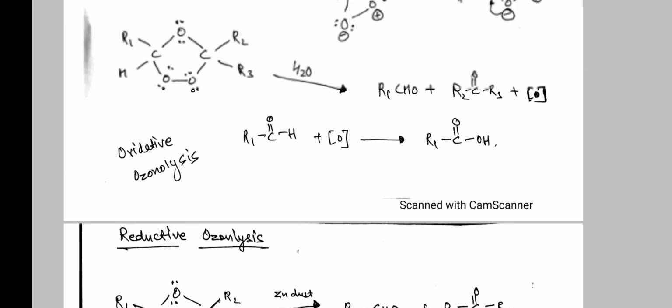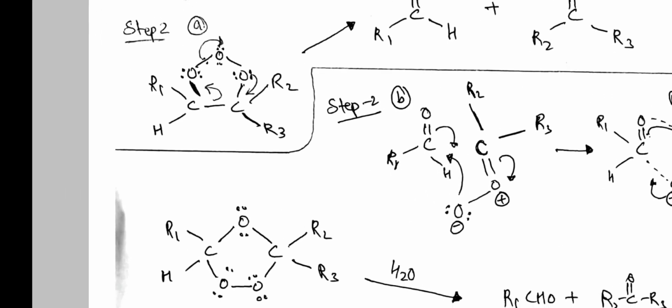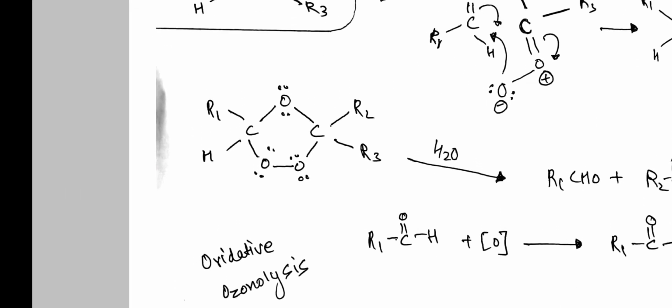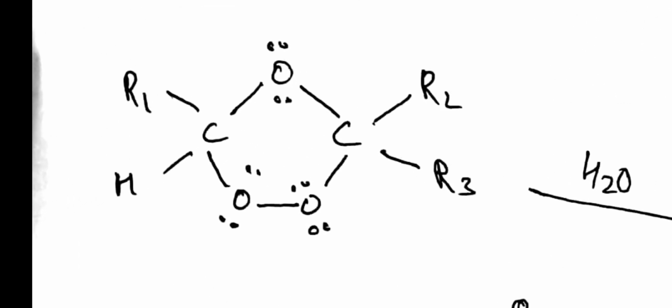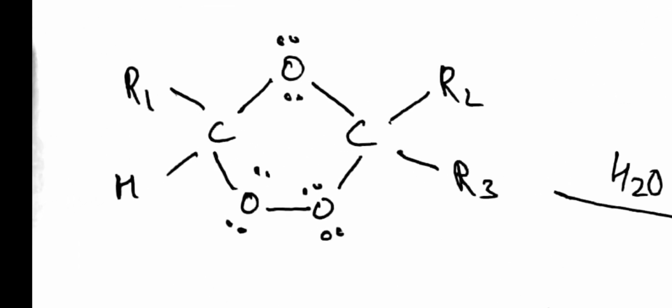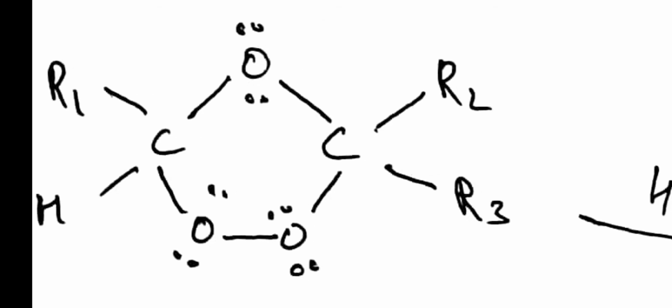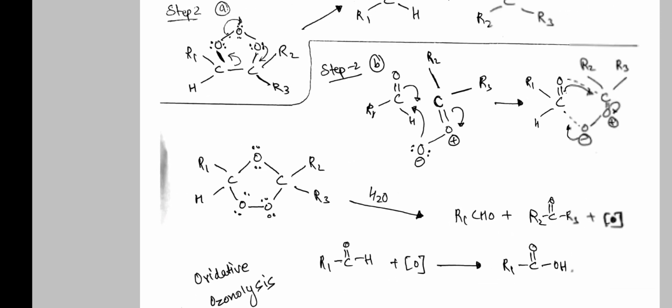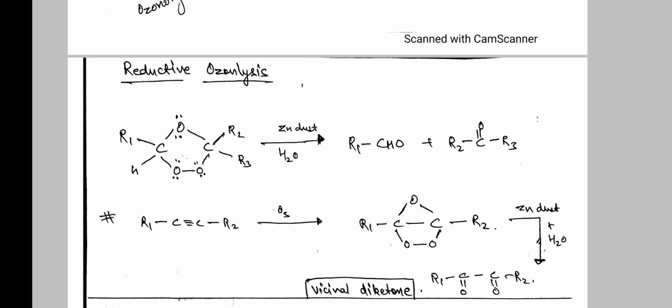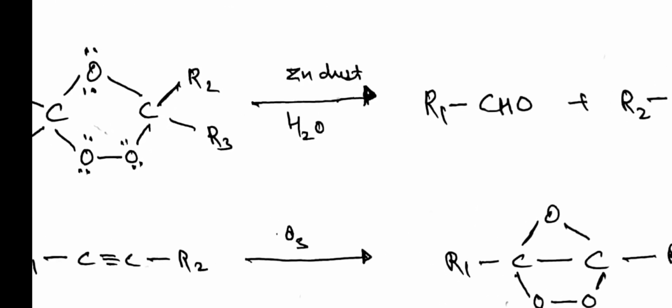Whereas if I show you the ozonide in an alkene, you can clearly see there is no bond between carbon 1 and carbon 2, but here there is a bond because of that triple bond.